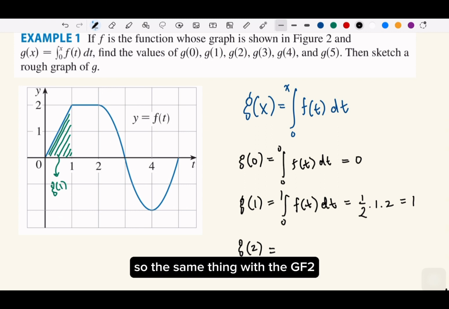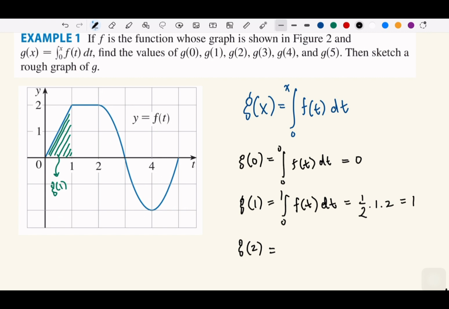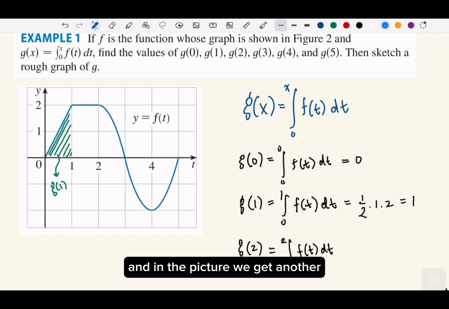Okay. So the same thing with the g of 2. We are going to plug in like this, and in the picture we get another area here.